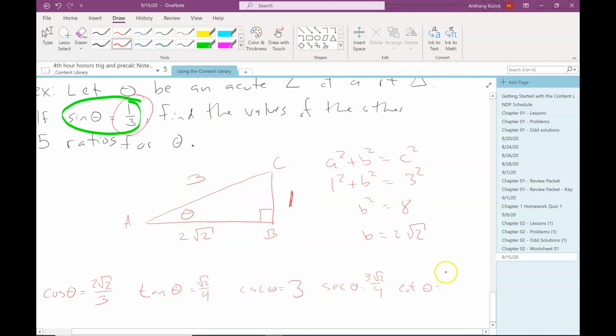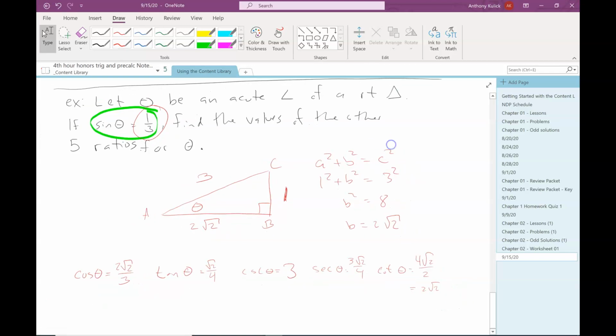And then here, again, if I rationalize my denominator, I get this, but really that reduces down to just 2√2. How do we feel there? Is that okay still? Still not bad, right? We're still basically just using those definitions.